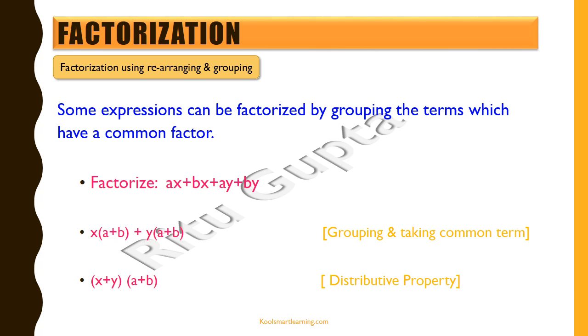Now we use the distributive property to make it x plus y into a plus b. So ax plus bx plus ay plus by can be written as x plus y multiplied by a plus b, where x plus y is one factor and a plus b is the other factor of the given expression.